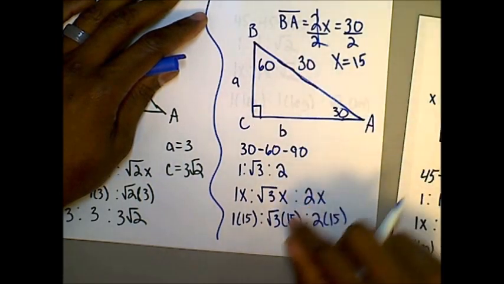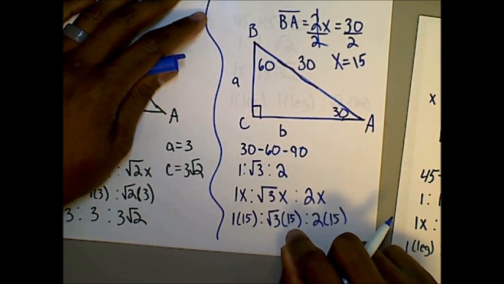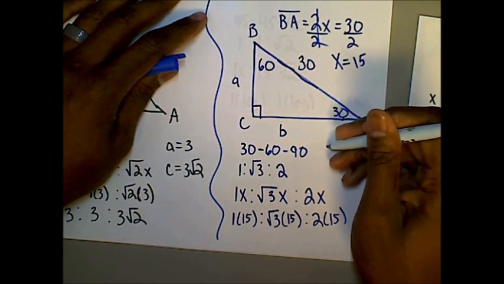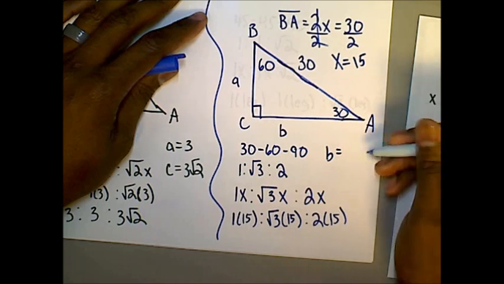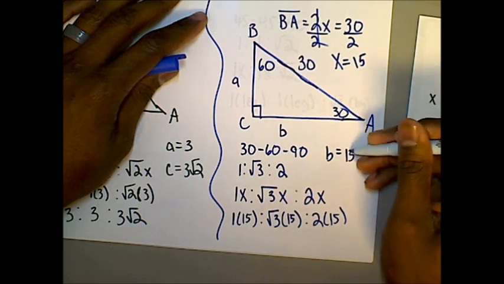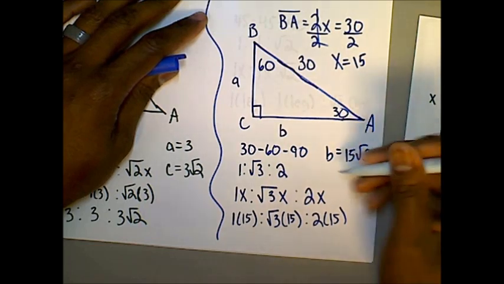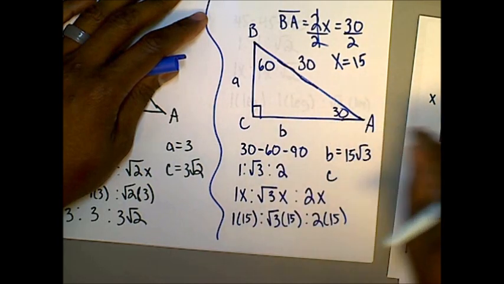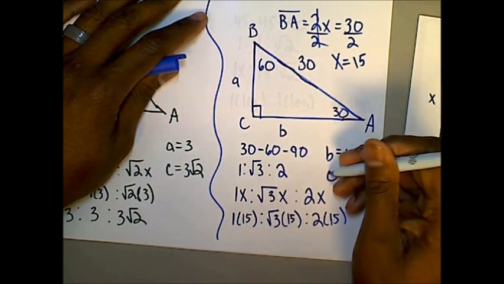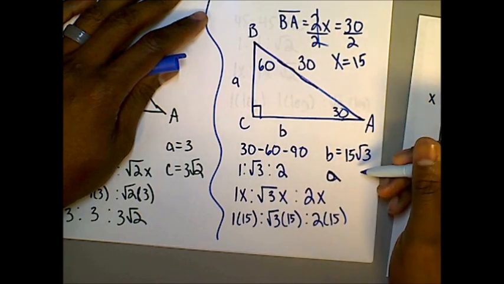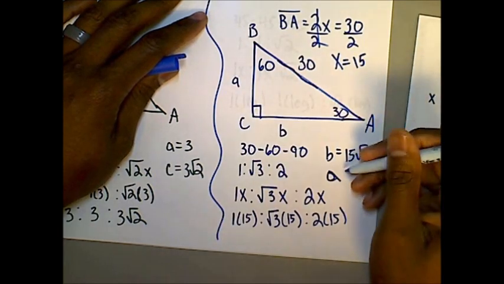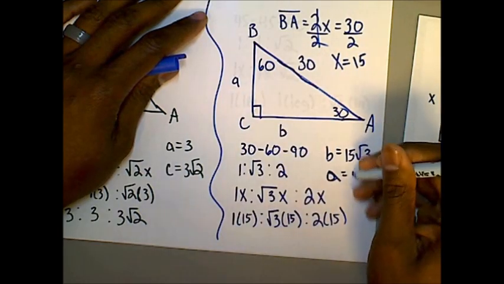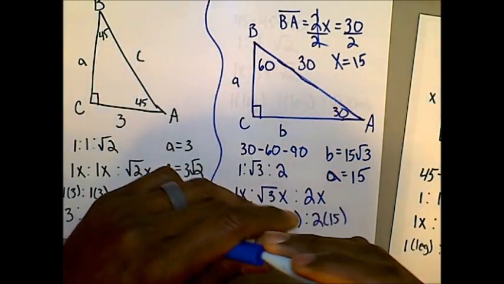The square root of 3 times 15 is opposite the 60-degree angle, so my B right here is equal to 15 times the square root of 3. My A is opposite the 30-degree angle, and A is equal to 1 times 15, which is just 15.